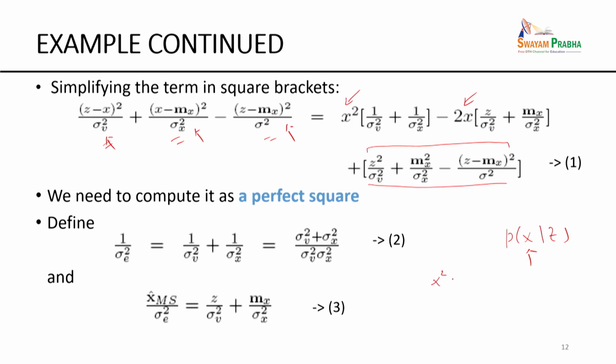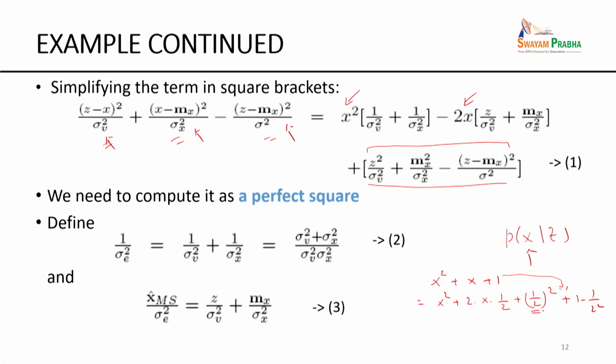So consider x squared plus x plus 1. I want to be able to express this as a perfect square. This can be written as x squared plus 2 times x times 1 by 2 plus 1 by 2 whole square, plus 1 minus 1 by 2 square. The 1 comes in here.